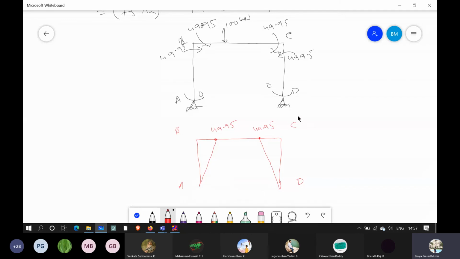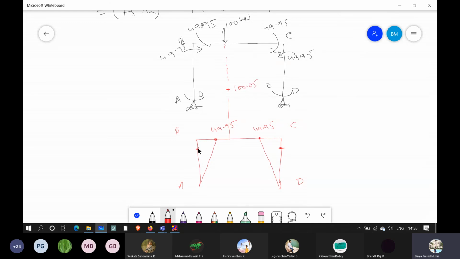Next is the member BC. For the member BC, we already know it has 49.95 here, and here it is also 49.95, and the maximum bending moment is at this portion, which we calculated as 100.05.